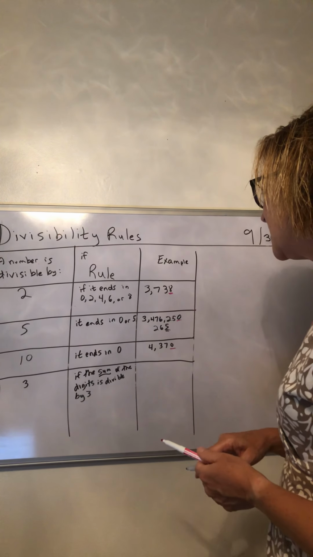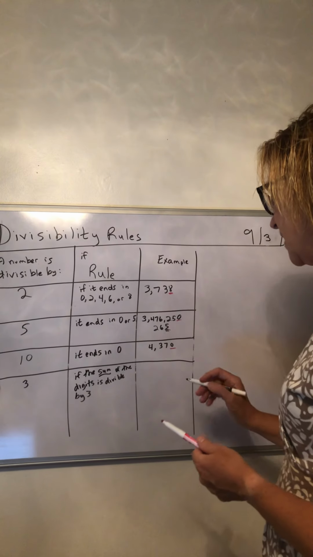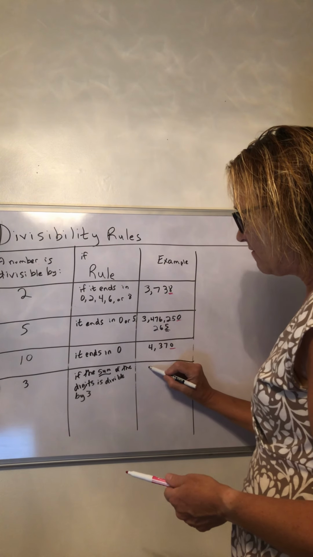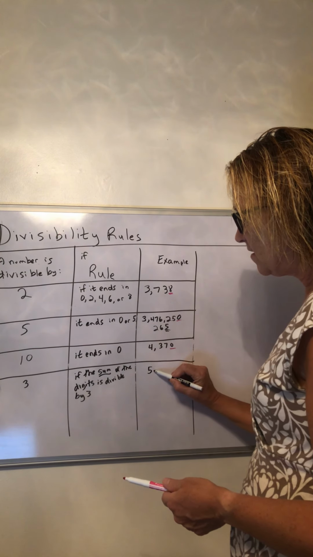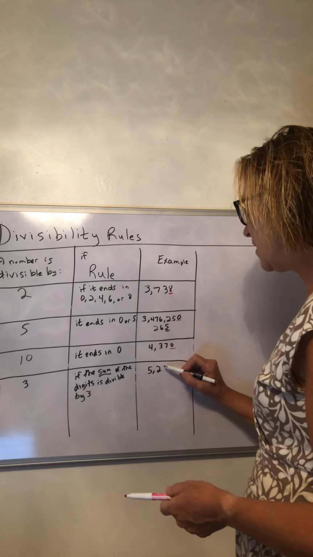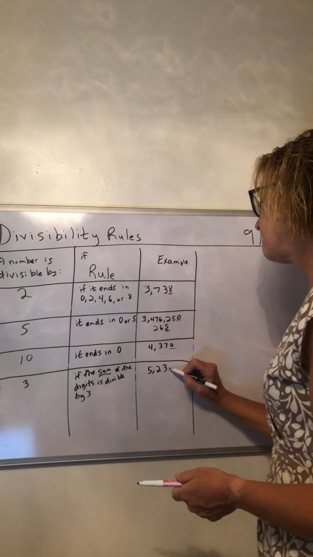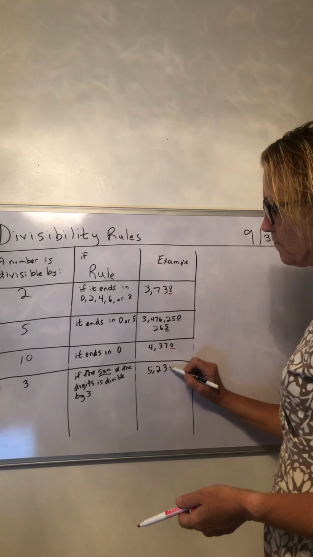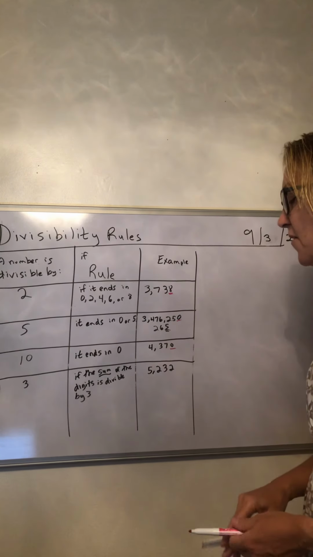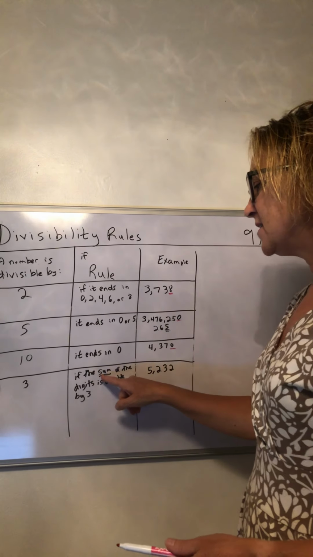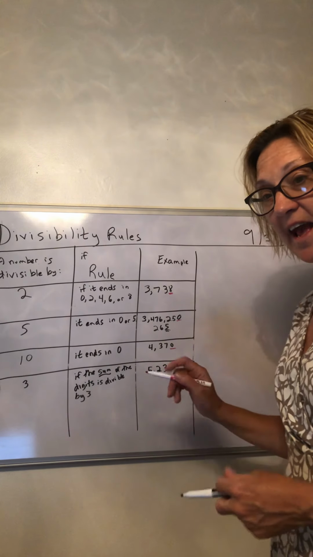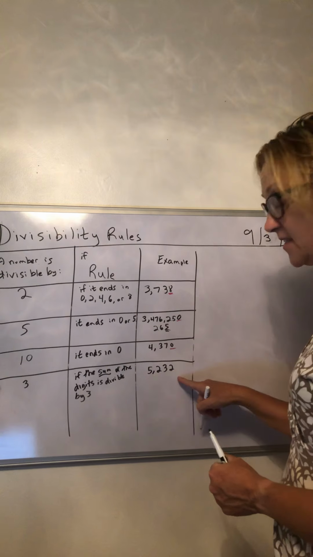So let's look at an example. Let's do 5,232. Okay, so what do I mean by the sum of the digits? The sum means I have to add each digit in this number.